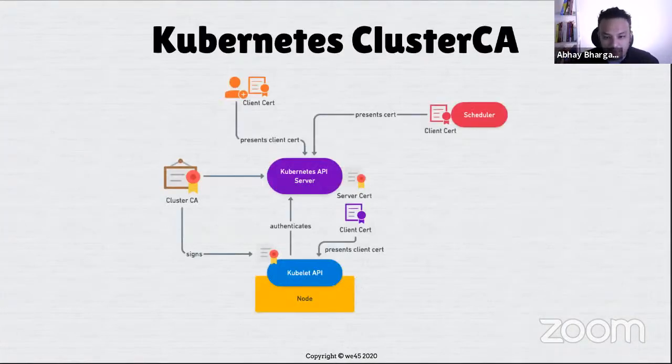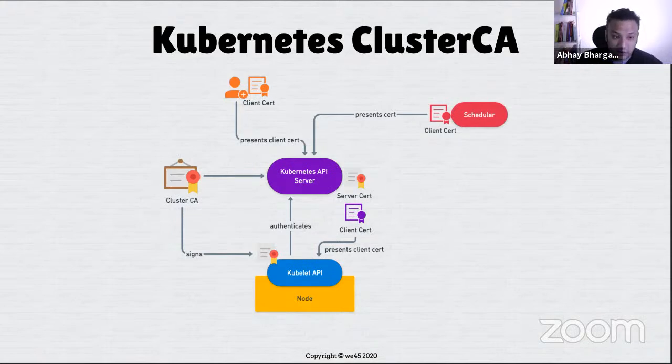When you have a Kubernetes deployment, you typically have something called a cluster certificate authority. It's a private certificate authority that essentially signs and issues certs to other components in the cluster, including users.